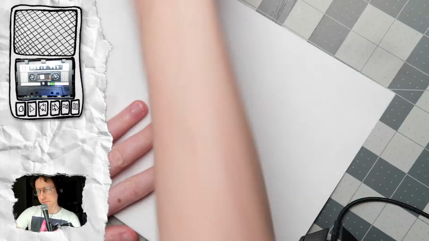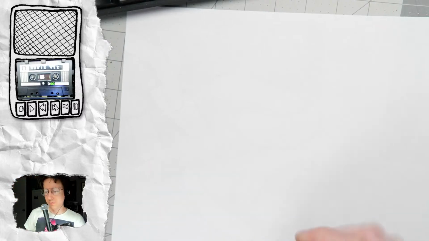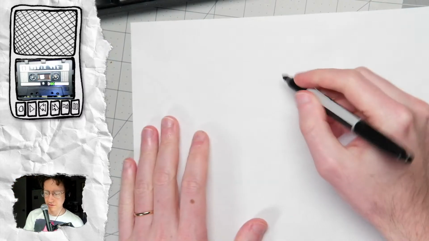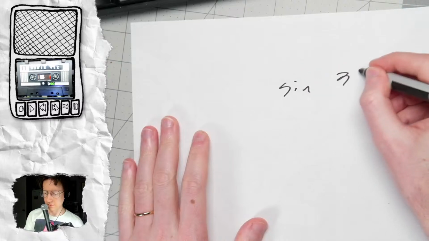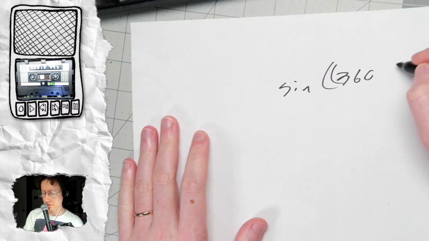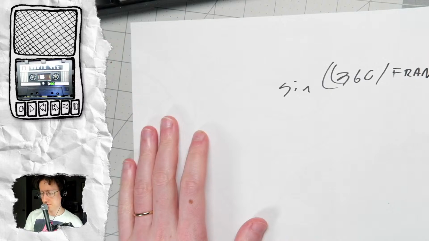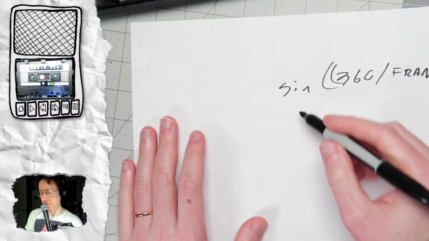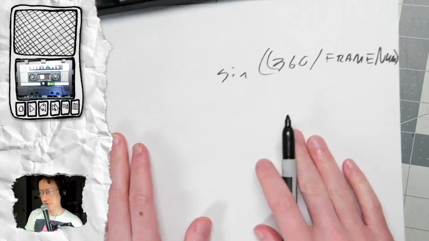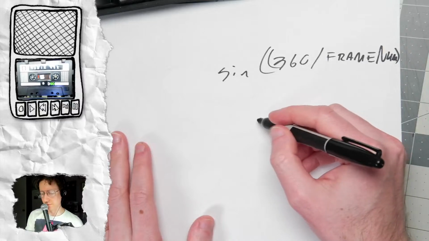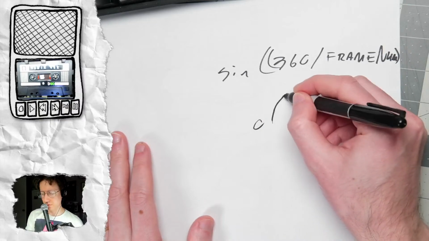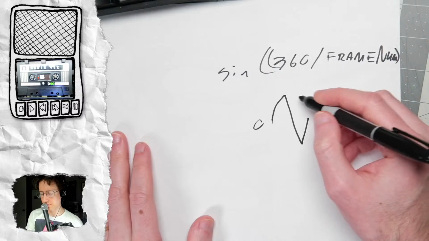So what I have is sine 360 divided by frame number. Which means over the course of 8 frames, it goes from 0 to 1 to -1 and back.